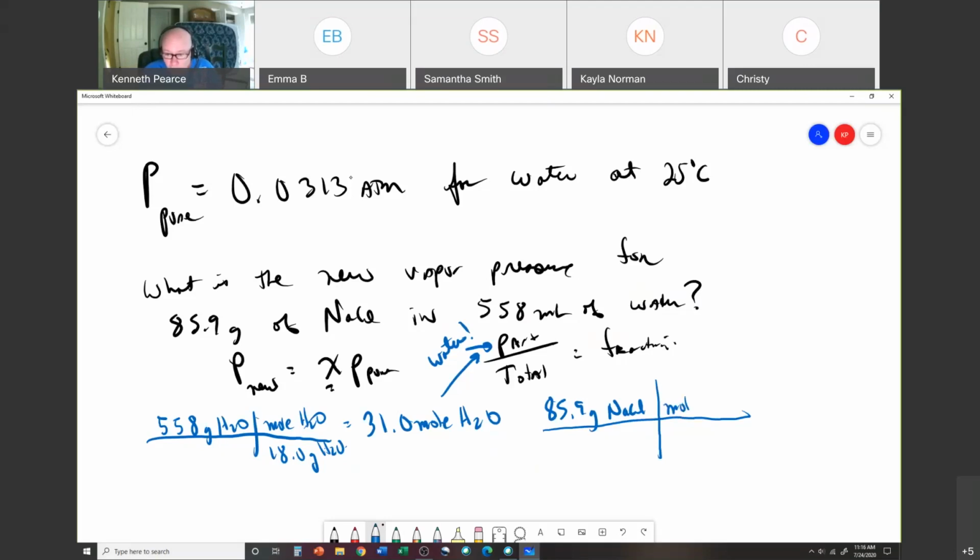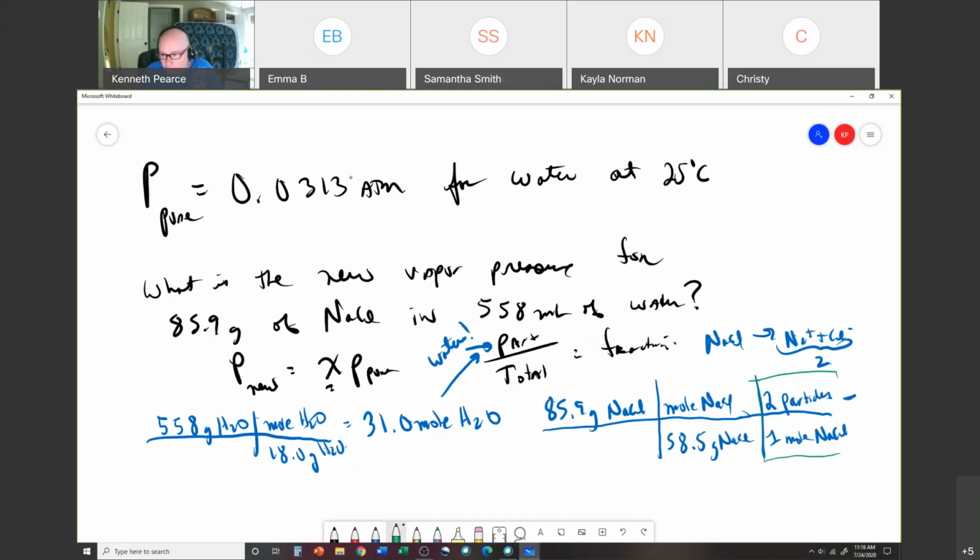So we'll say a mole of sodium chloride is still 58.5 grams sodium chloride. But the part we got to really be careful about is we're going to say 2 particles for every 1 mole sodium chloride, because sodium chloride goes to sodium plus and Cl minus, and that's 2. All right. So this part right here is real easy to forget, because I think everybody in here by this point ought to be able to calculate the number of moles.